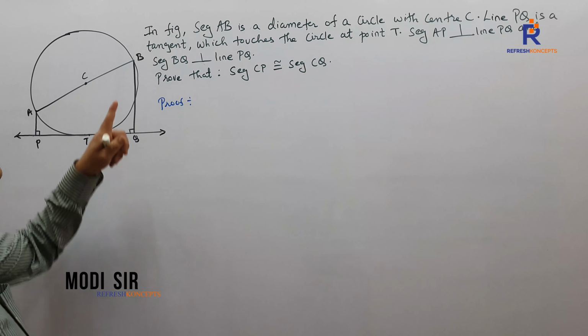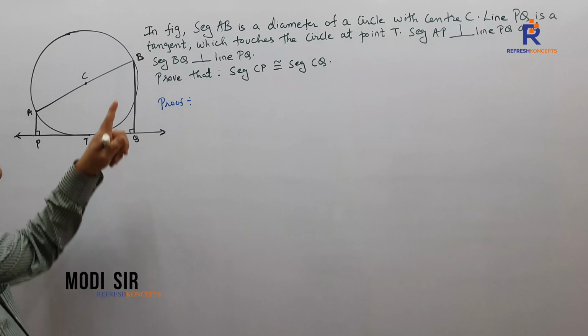Children, AP is perpendicular to PQ, CT is perpendicular to PQ, BQ is perpendicular to PQ. CT, why? Because as I stated just now, radius is perpendicular to tangent. Can I say all these, AP, CT and BQ, are perpendiculars drawn onto the same line?